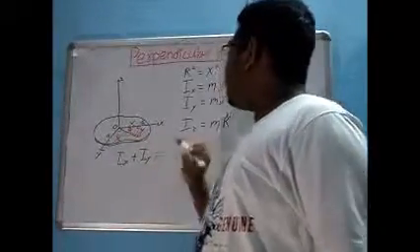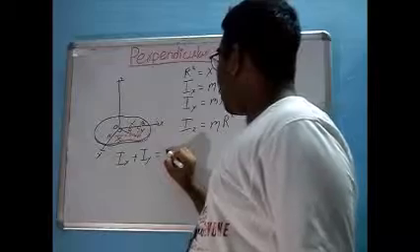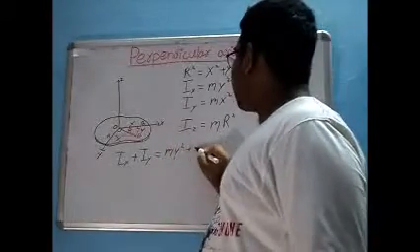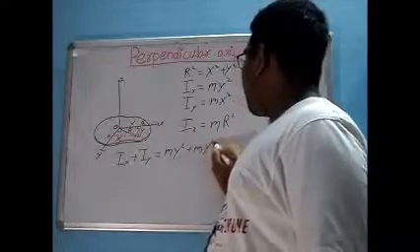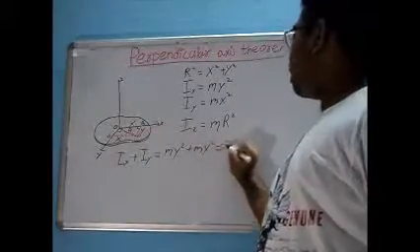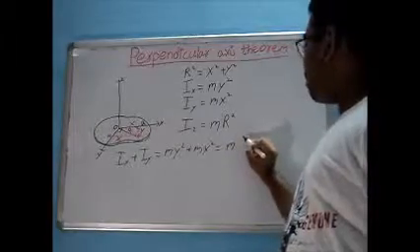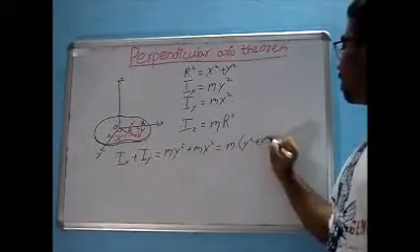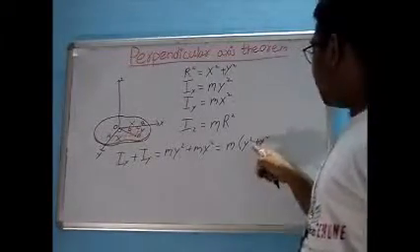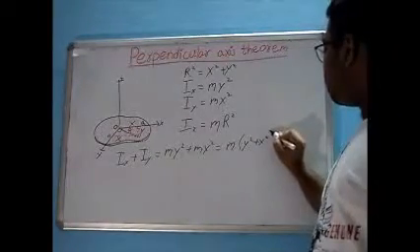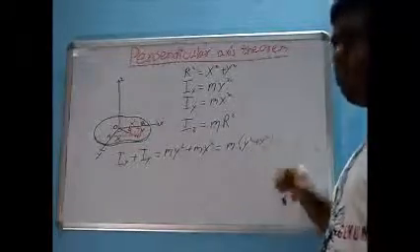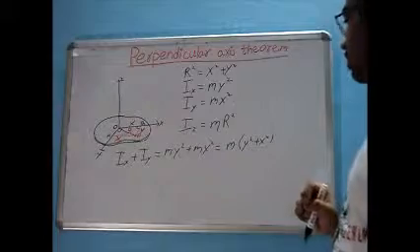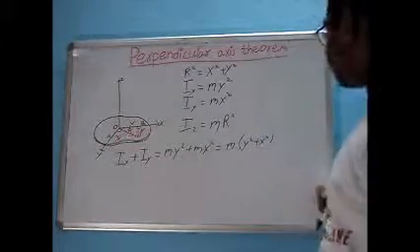Now adding the moment of inertia along the x axis and y axis would be equal to m y square plus m x square, which would be equal to m times y square plus x square, where we have taken m as common from the previous one.